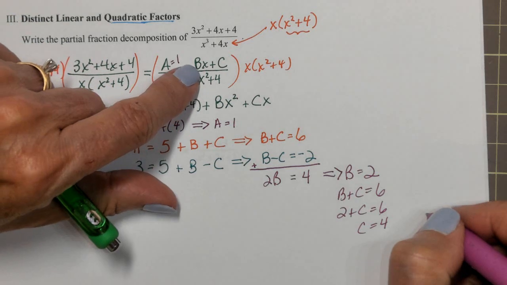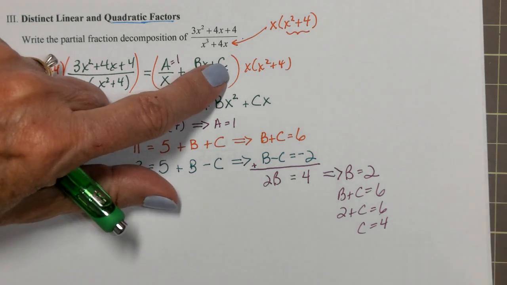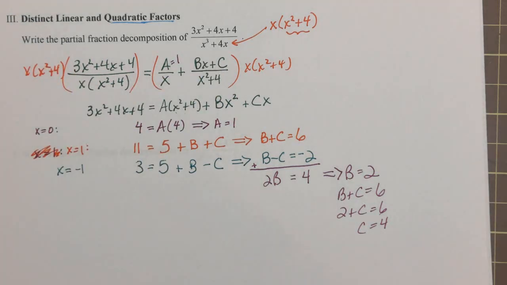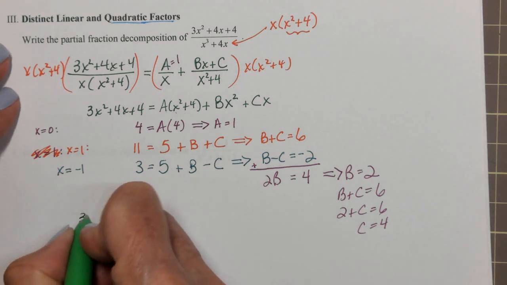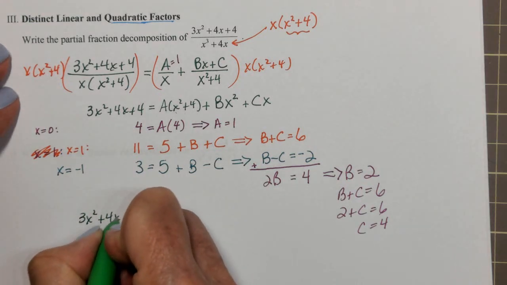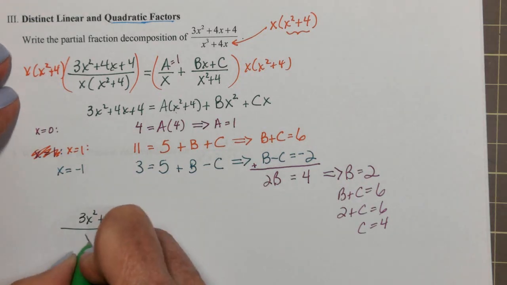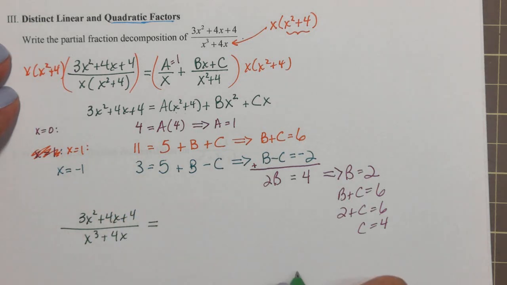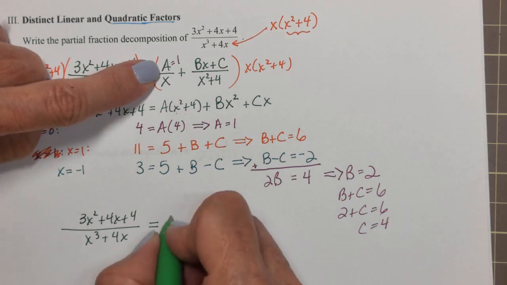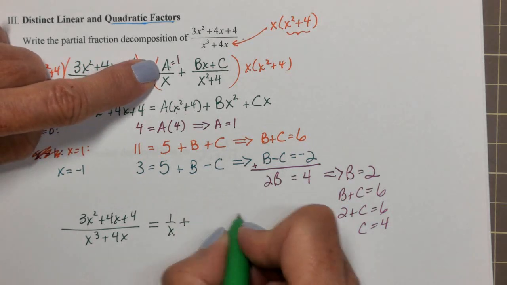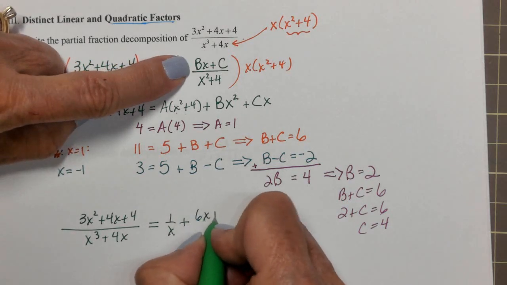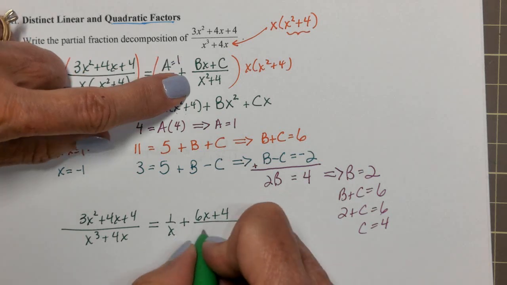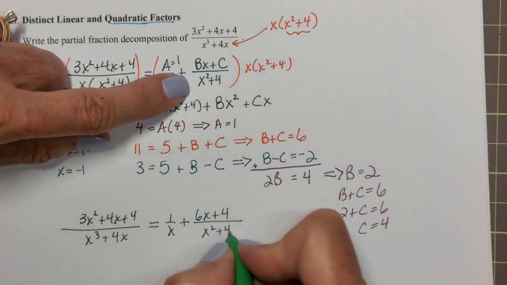So I have the value of a, b, and c, and I can state my answer as (3x squared plus 4x plus 4) over (x cubed plus 4x) is equal to 1 over x plus (6x plus 4) over (x squared plus 4).